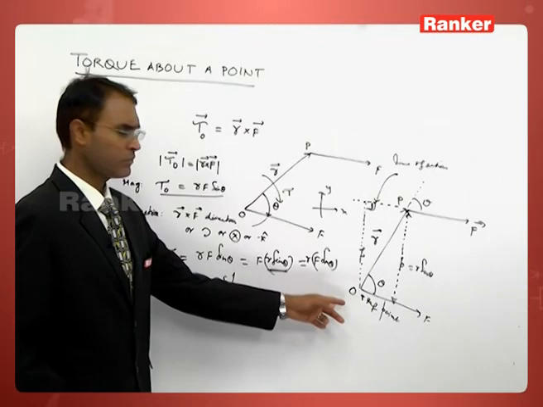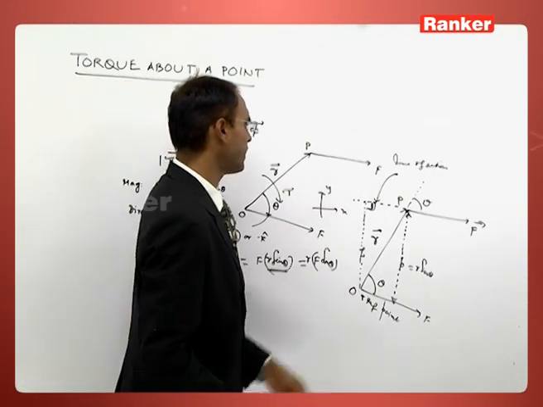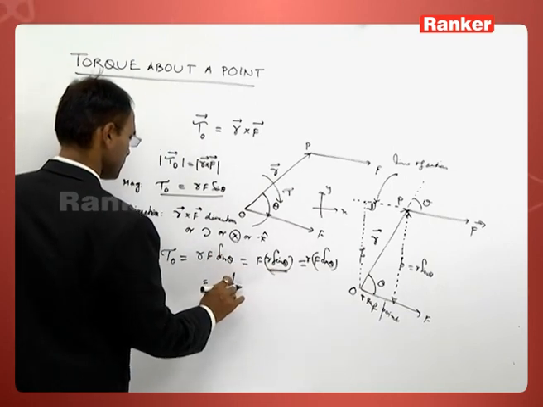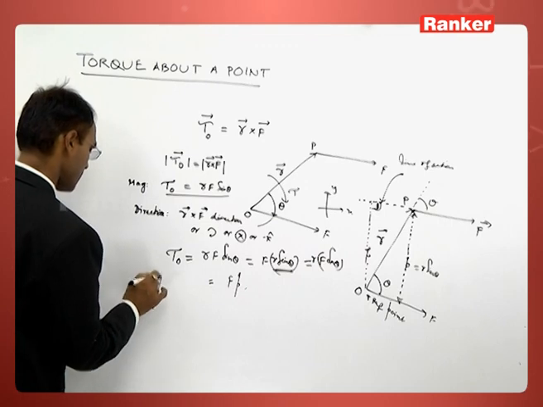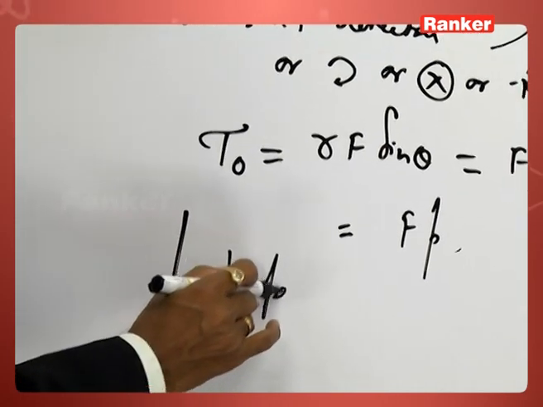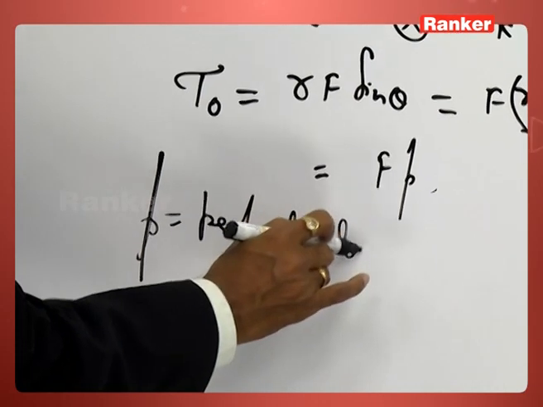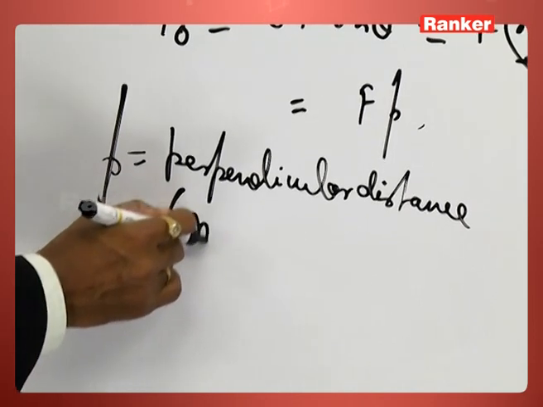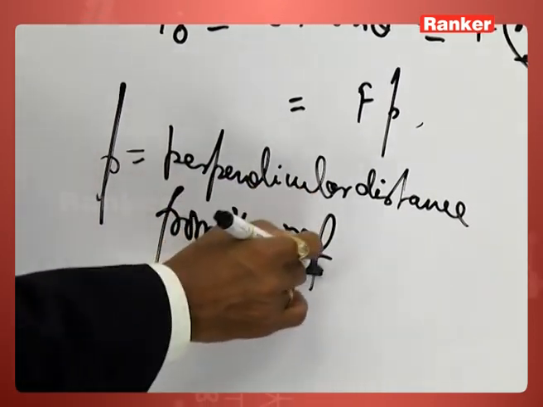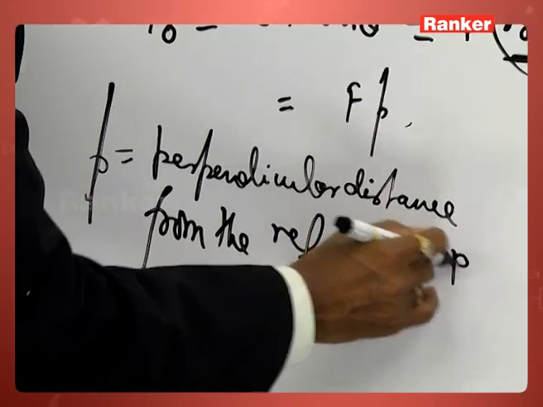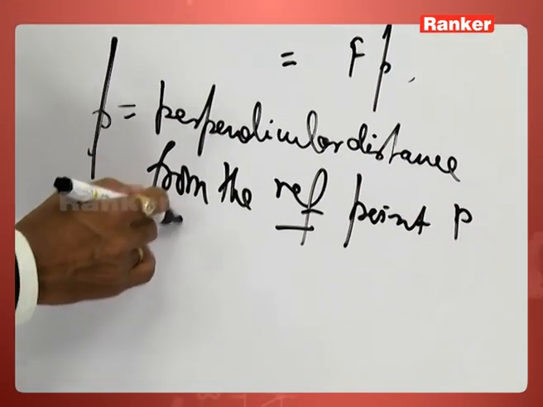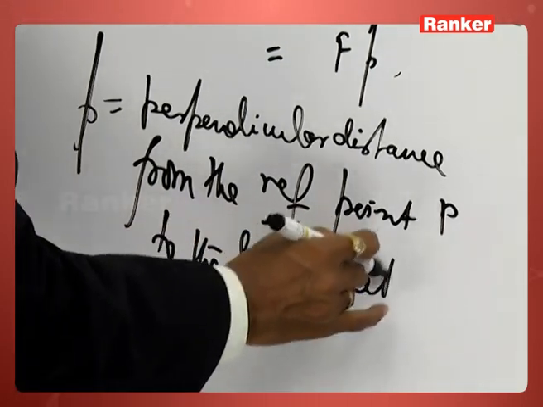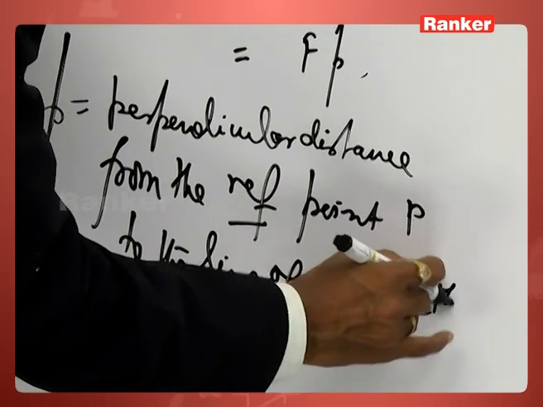You drop a perpendicular from the reference point onto the line of action, that is the r sin theta. Here P is the perpendicular distance from the reference point to the line of action of the force F.